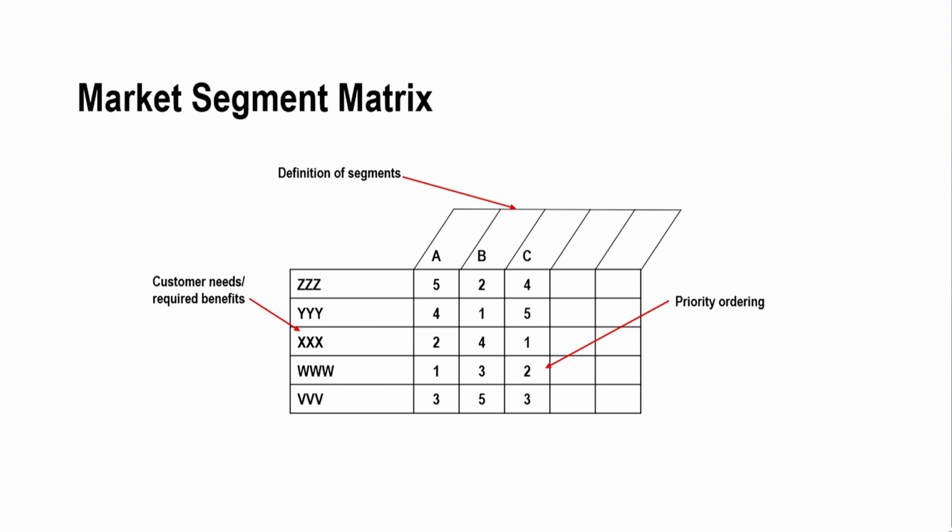On the left hand side, on the vertical, you have the customer needs. Each one of them, the Z or the Y or the X or the W or the V, these are all different customer needs or required benefits. And then based on this, we can create different segments.